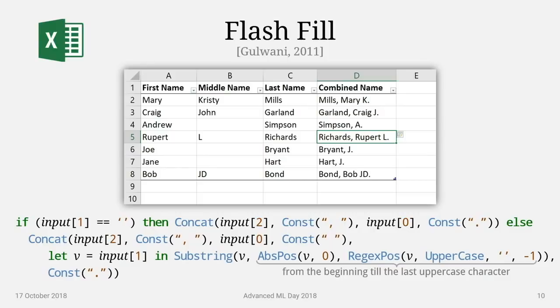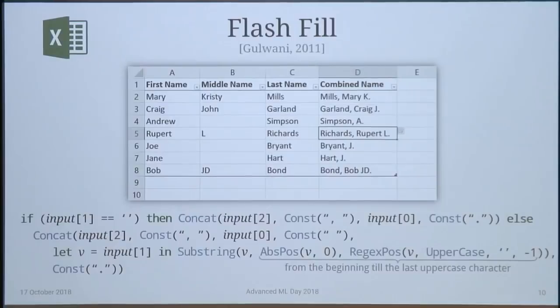Except if you look at it, you'll actually notice that the data is in two different formats. So in order to complete it all, you'd probably want to give a second example. And then Flash Fill will amend the program and add a conditional to the top based on whether the middle name is present or not. So that's the full program that satisfies the task here specifically in the spreadsheet.